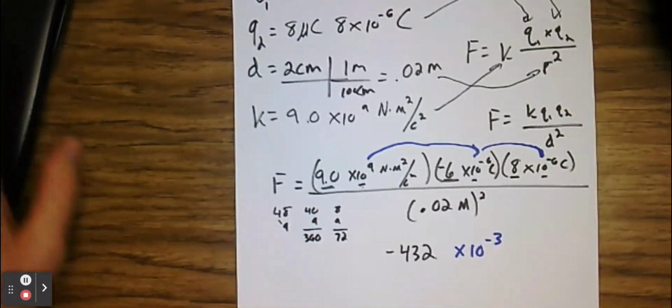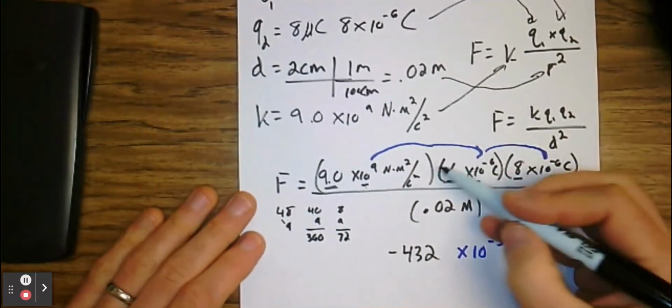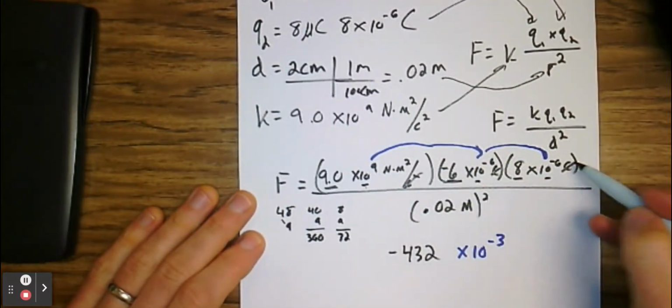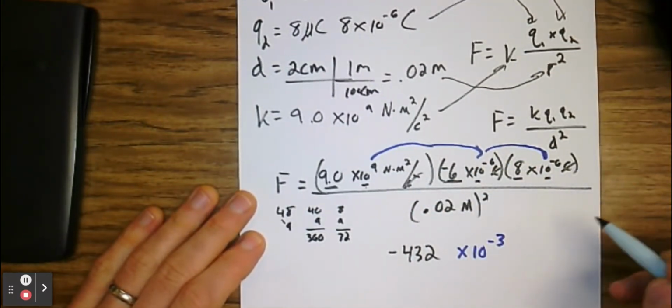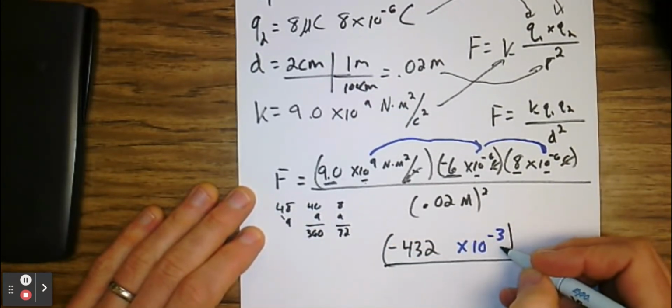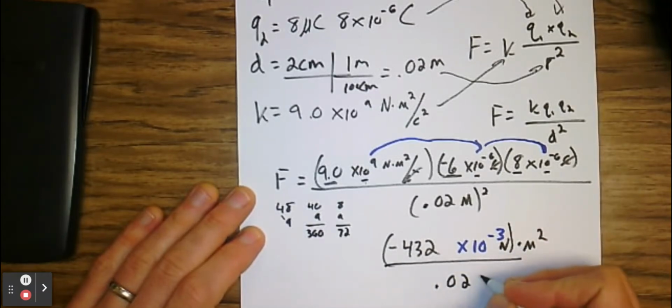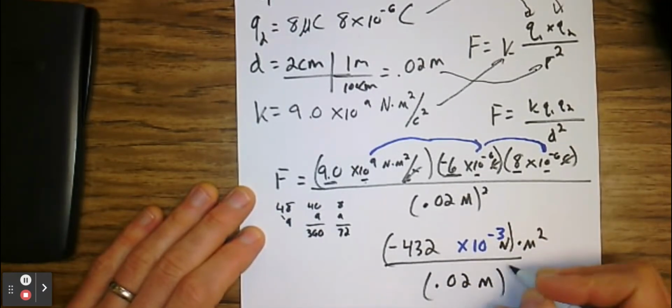Once again, you can use a handy-dandy calculator, but I like doing it in my head. The coulombs are going to cancel, and I'm left with newtons times meters squared over 0.02 m squared.